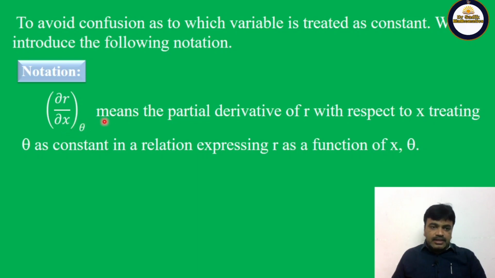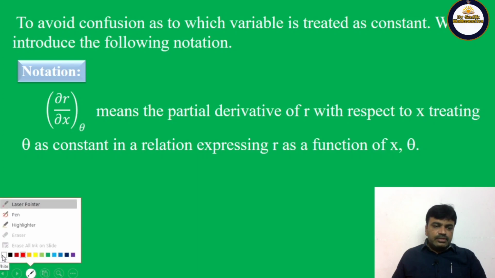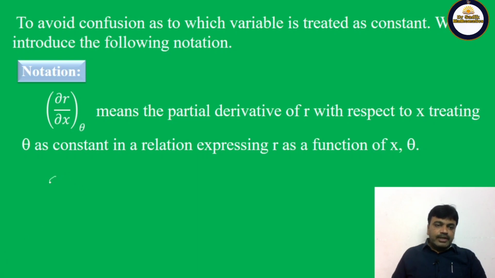Let us take an example: (∂r/∂y) at theta. What is the meaning of this? r is a function of y comma theta, and we are finding the derivative of r with respect to y, and theta is constant.